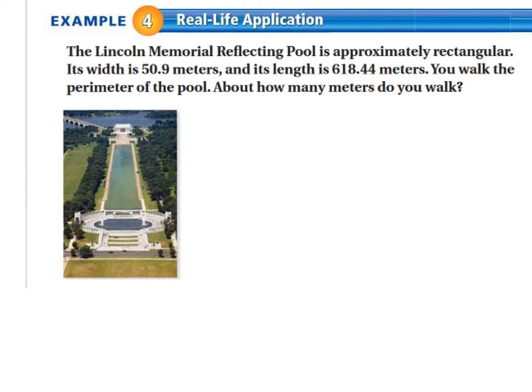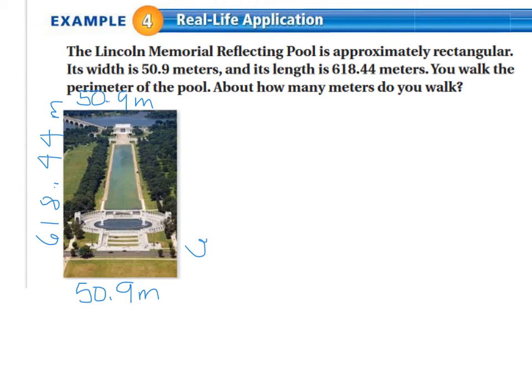In this case, they're telling us the width is 50.9 meters. This would be the width, 50.9. And this would also be the width, 50.9, if it's rectangular. And they're telling us the length is 618.44 meters.